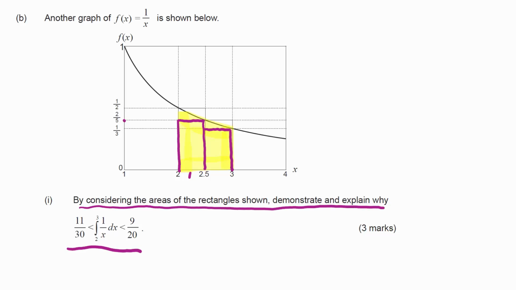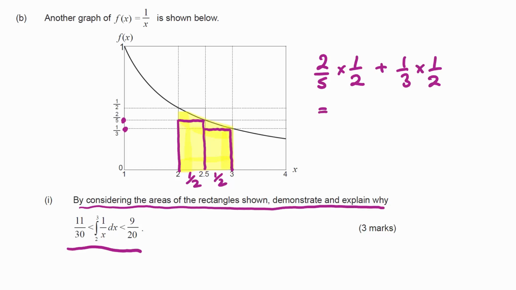Now we can see they've both got a width of a half, and so the height of the first one is 2/5, so 2/5 times a half, and the second rectangle, its height is 1/3, and the width of course is a half again.